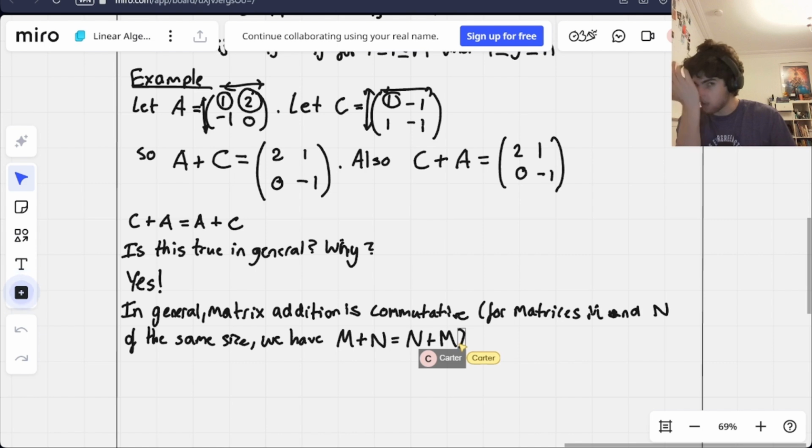So the addition of matrices is commutative. It's a commutative operation, which means I can do it in any order I want and get the same result, right? So hopefully that makes sense.